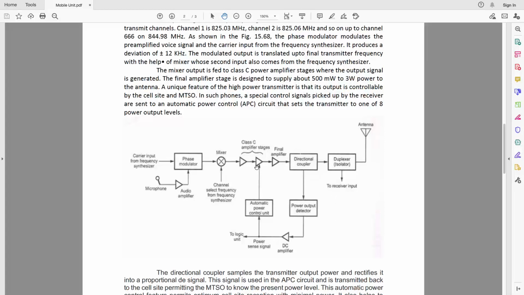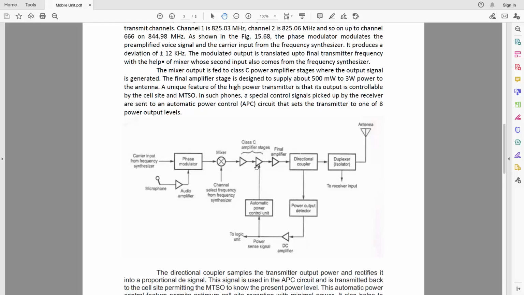So why control the transmitted power? Suppose your mobile handset is near the base station. Then in this case, the transmitted power of the mobile should not be very high because the base station is very near to the mobile station. But suppose your mobile handset is very far away from the base station. In that case, if we have to transmit your signal up to the base station, then the mobile transmitter has to transmit a signal with very high power.